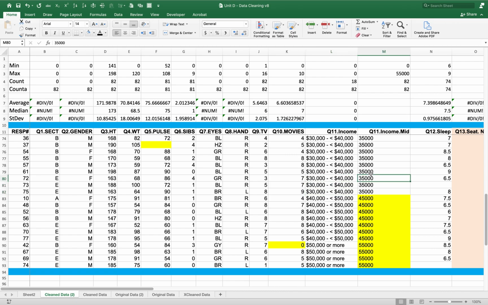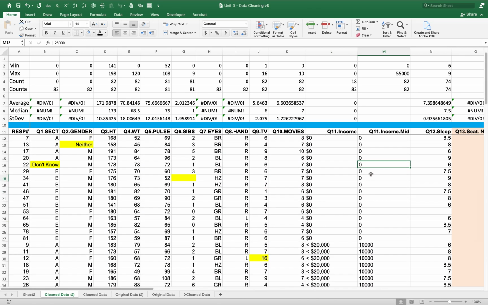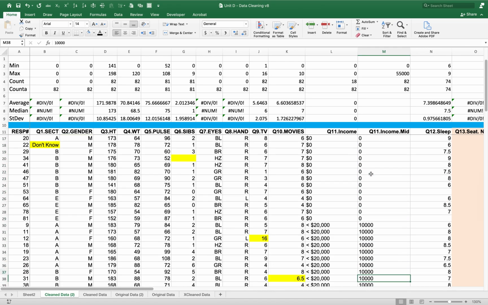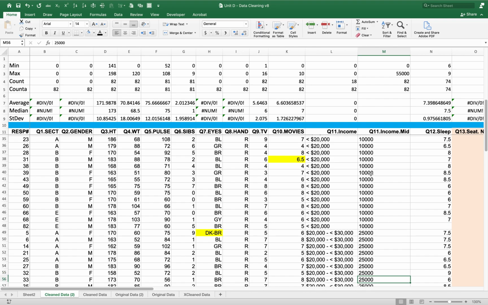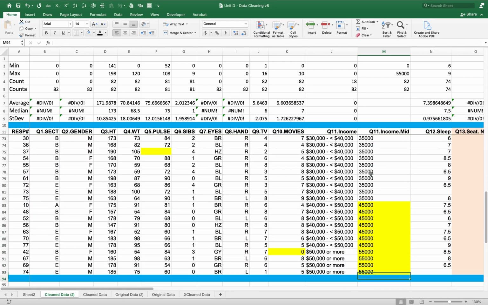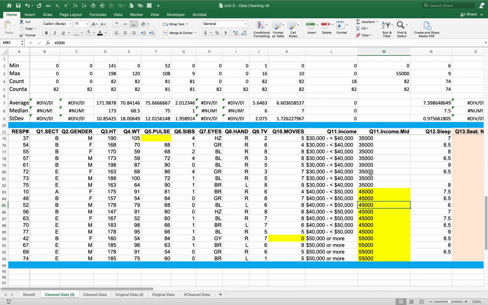With the exception of the very beginning here, which was 0 and then 10,000, after that it jumped to 25,000, 35,000, 45,000, and then so the last one we would just say is 55,000. So I've already done that. I'm just going to get rid of the yellow here, and we've now cleaned that one up there.